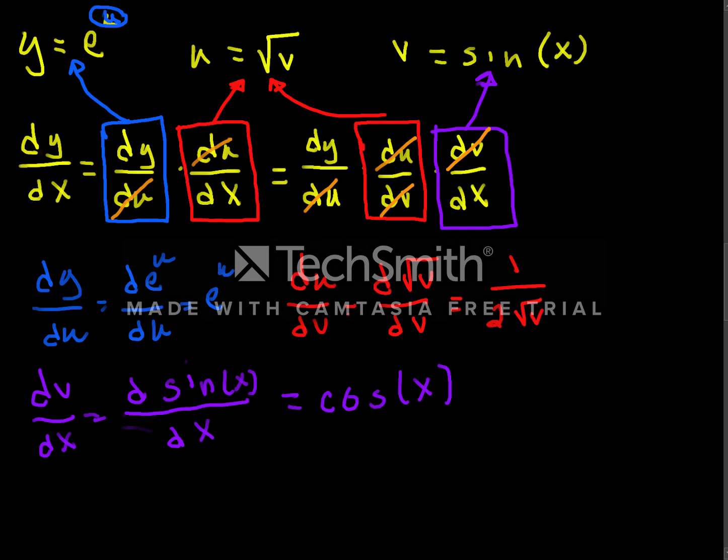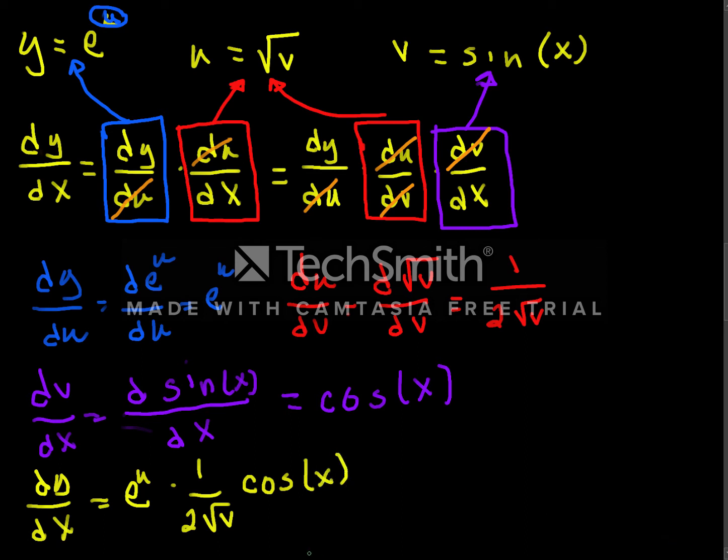So putting all the pieces together, we get that dy dx is equal to dy du, which is e to the u, times du dv, which is 1 over 2 root v, times dv dx, which is cosine of x. And this is a viable answer.